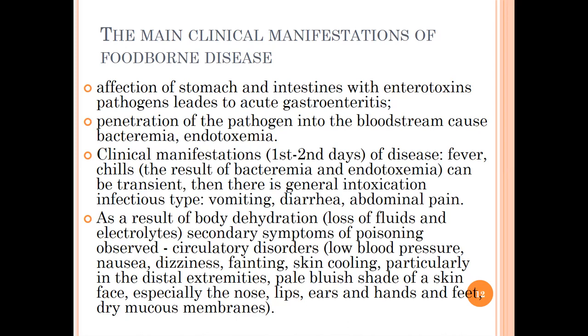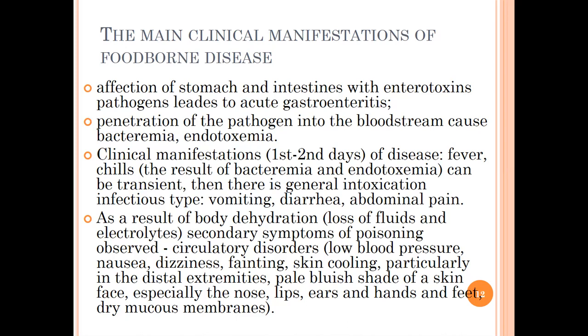Like infection, for example, vomiting and nausea, abdominal pain, diarrhea. As a result of body dehydration, when an affected patient loses too much liquids and electrolytes, it leads to secondary symptoms of poisoning.